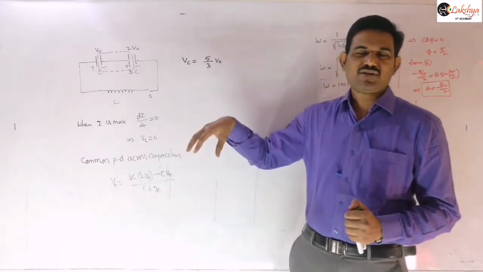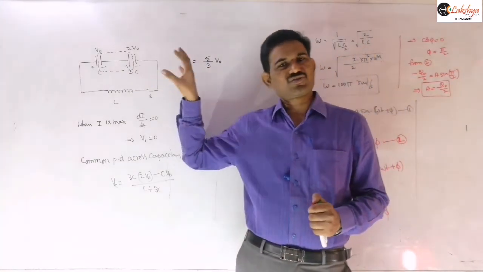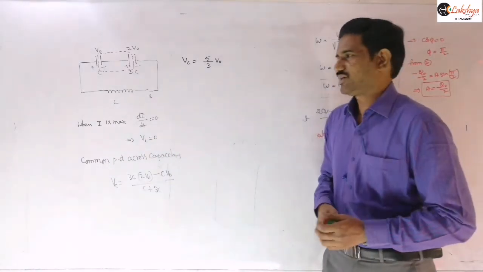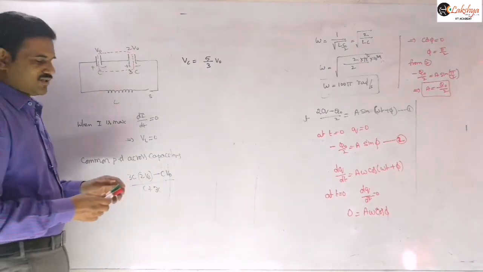The remaining energy will be in the form of magnetic energy. At that instant the capacitors store the minimum energy and the inductor has the maximum energy, right? But not 0 in the capacitors. That is the important thing you need to write here.